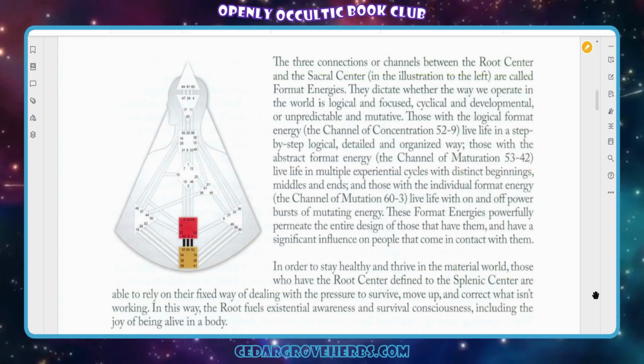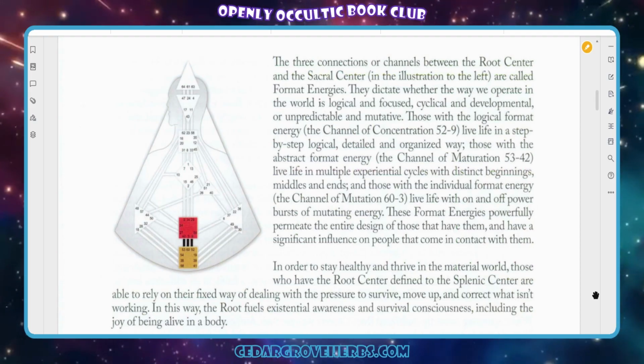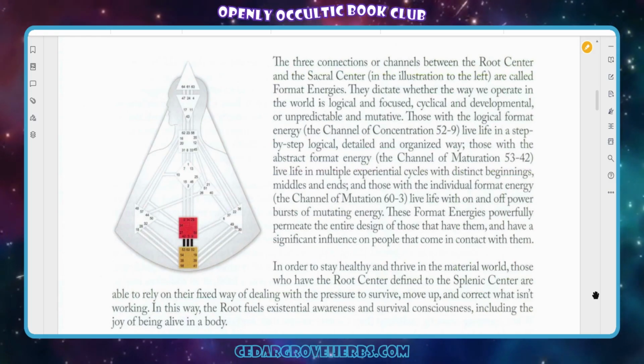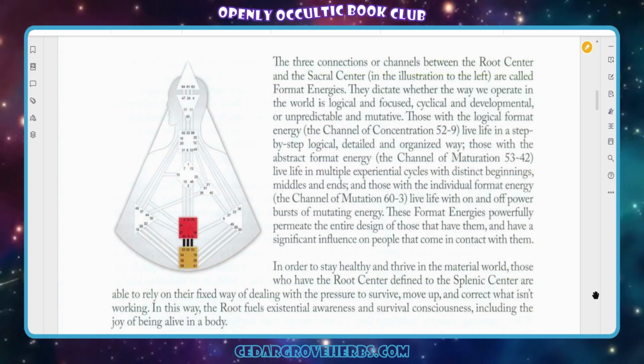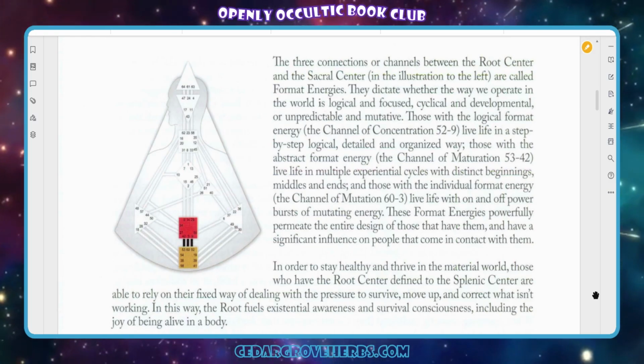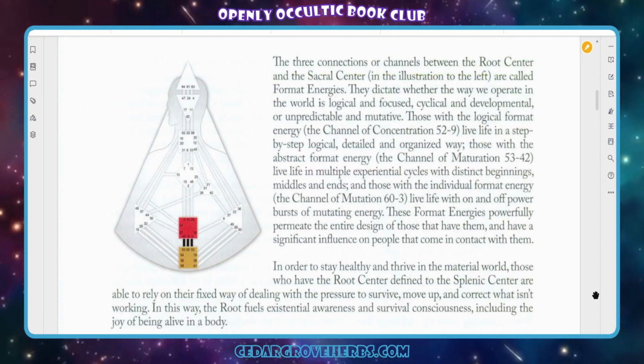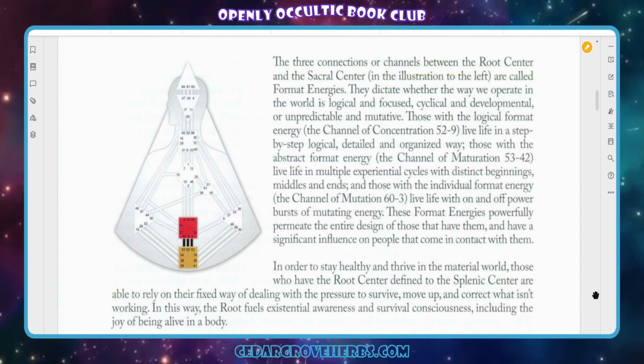They dictate whether the way that we operate in the world is logical and focused, cyclical and developmental, or unpredictable and mutative. Those with the logical format energy, which is the channel of concentration, gates 52 and 9.